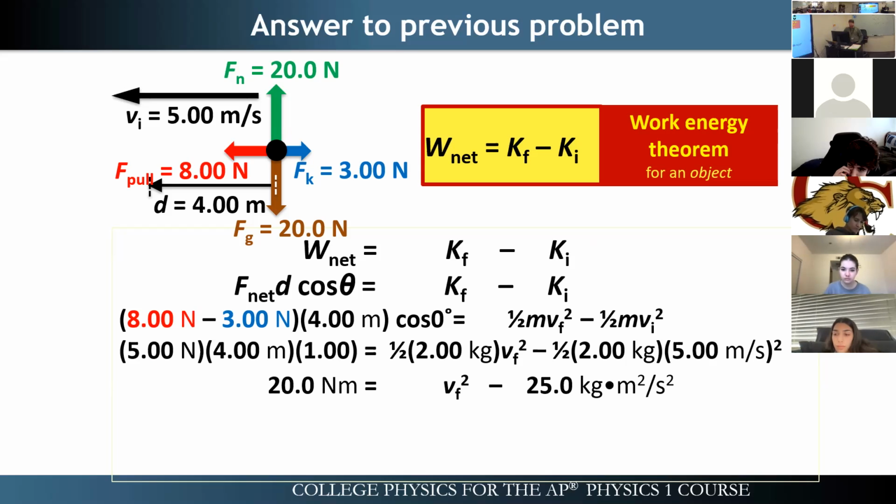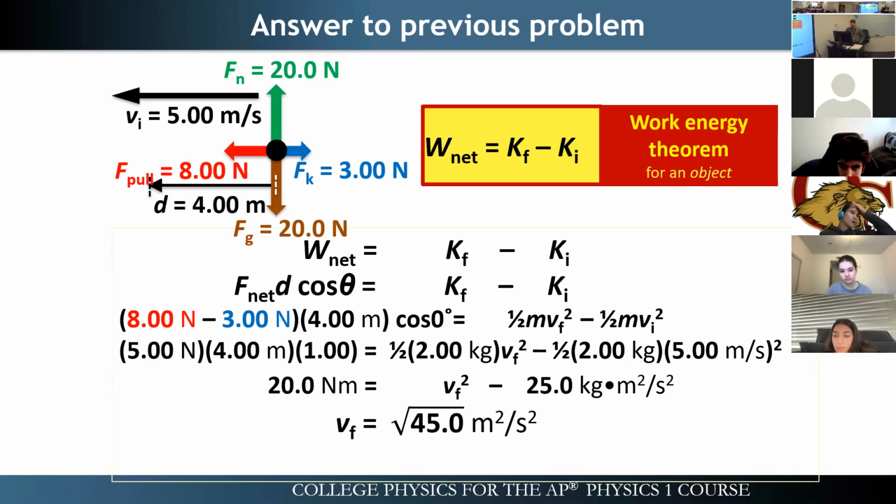So we find 20 newton meters, or 20 joules of work, on the left. Then we add it to the 25 kilogram meters squared per second squared, and square root it to find our velocity would be 6.71 meters per second. So it does have a net force in the direction of its displacement, so it should be speeding up. And it is. It goes from 5 to 6.7.